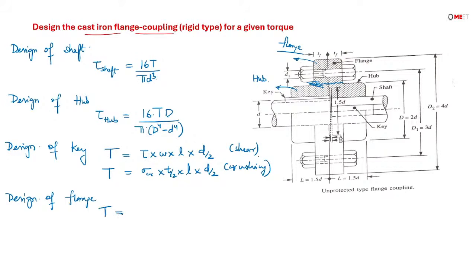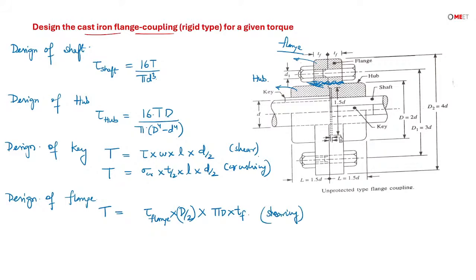So applied torque is equal to the shearing stress of flange into the diameter where the resistance is being developed, capital D by 2, into shearing area. The shearing area will be the lateral surface area, that is pi into capital D into thickness of the flange, TF. So this is the design of flange for the shearing failure.